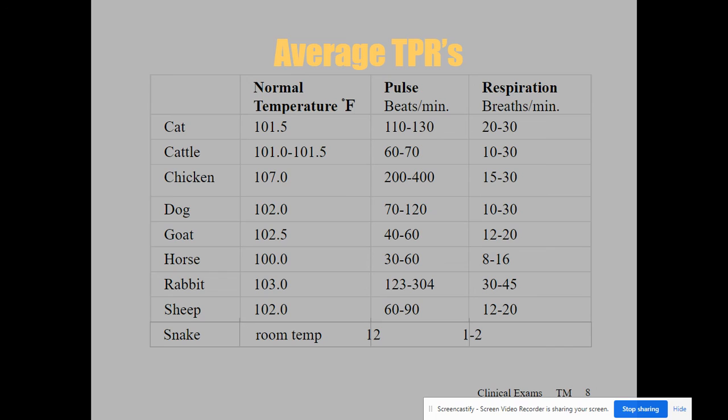Larger animals take deeper breaths, have slower heart rates, and so they usually tend to be on the lower side of the spectrum. You can notice this if you look at something like rabbits or chickens versus cattle. Smaller animals, huge difference in the amount of beats per minute from a chicken, even within chickens, to cattle. So size is some indication, not necessarily the only thing. Goats are obviously pretty low, but it's a good general rule.